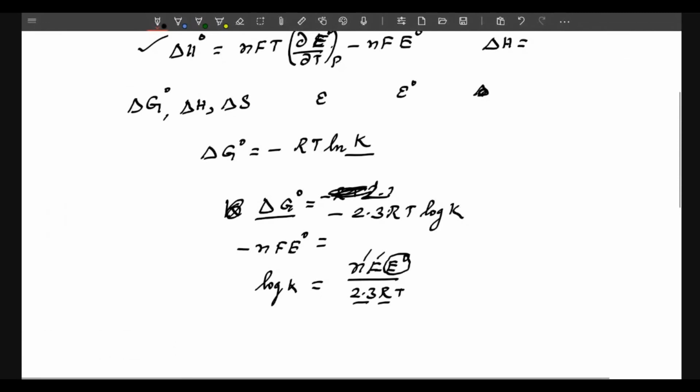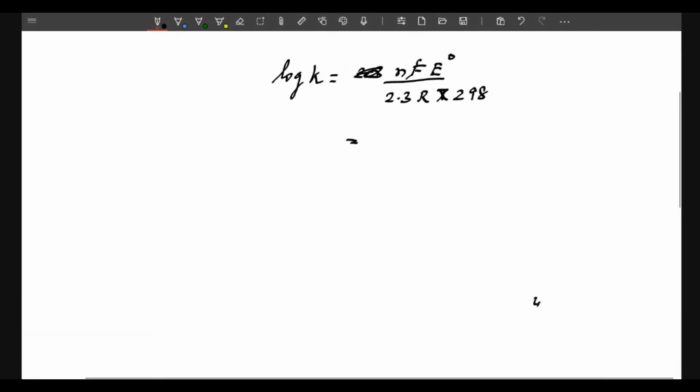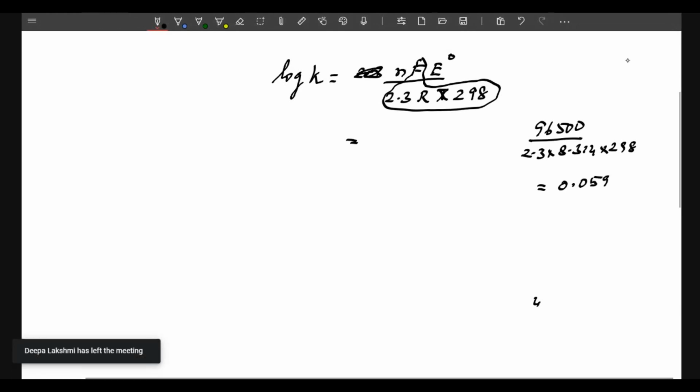Here R should be given in joules, 8.314 joule, and temperature in degree Kelvin. In the standard condition, we put the temperature as 298. Putting these constants in, 96,500 divided by 2.3 into 8.314 into 298, all of the value would be equal to 1 by 0.0592.